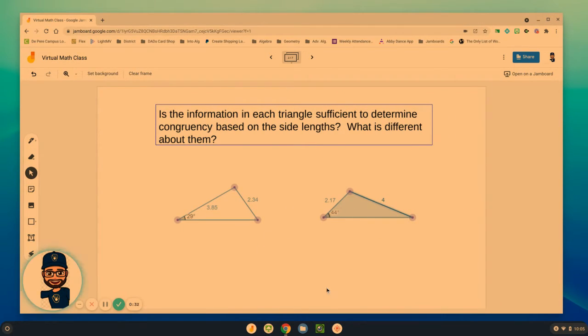Based on the information given in each of the triangles, do we have sufficient information to determine congruency based on the side lengths? And what's different about the two triangles?